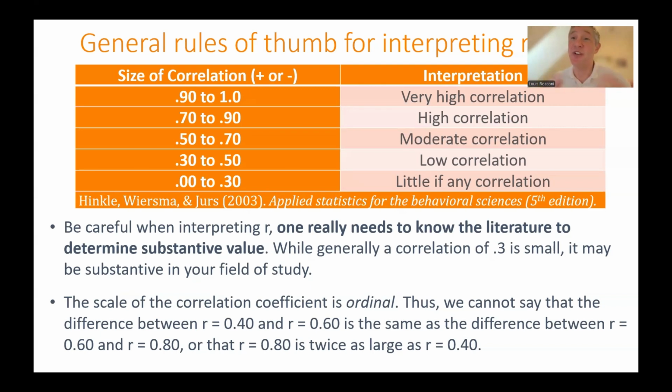You really need to know the literature in your area to know how strong the correlation might be. What are others finding in that kind of relationship in that area? But generally, this is what we think about when we talk about a correlation. A correlation less than 0.3 is probably a pretty weak correlation.